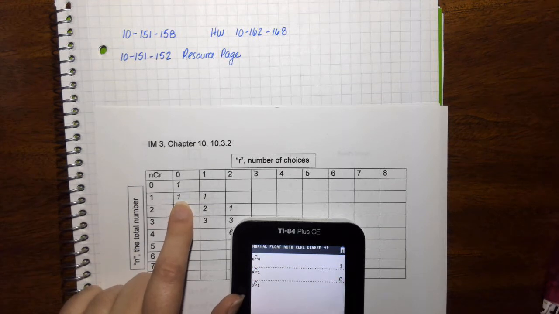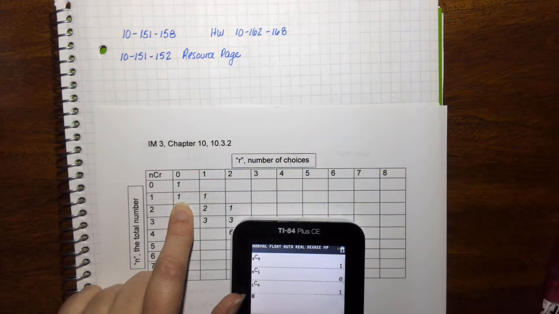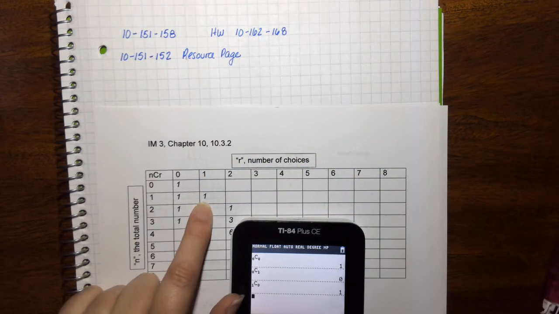Okay, so now we're going to do this one. This first box here where I'm pointing is 1C0. So notice the 1 is coming from here, the 0 is coming from there, and that should be 1. Next one is 1C1, 1.